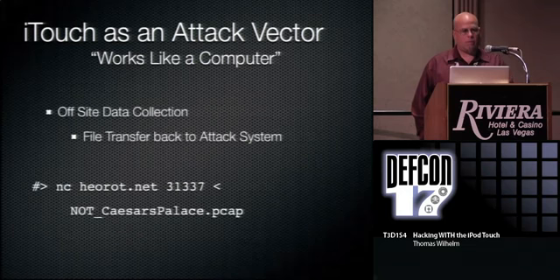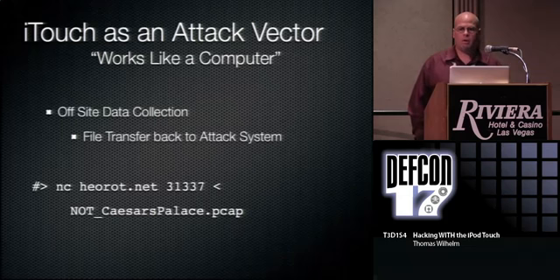All right. So once that data gets stuck on my iPod, I want to be able to transfer it off somewhere. I don't have the ability to run Wireshark on the iPod Touch, so I have to actually drop it off to another system somewhere. So I can simply use Netcat to push the Not Caesar's Palace PCAP file onto another system somewhere in another network.